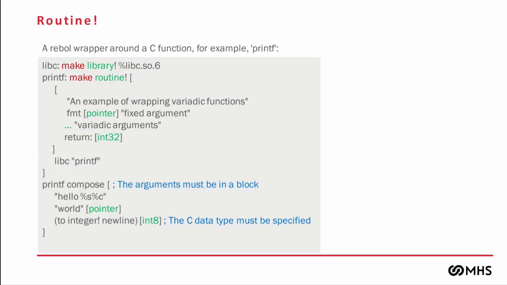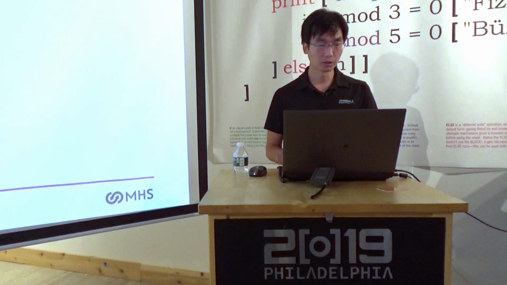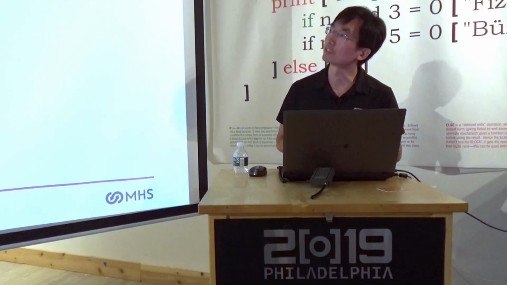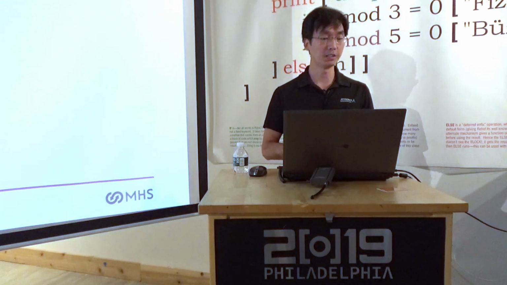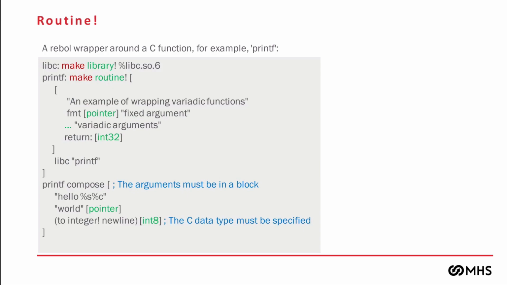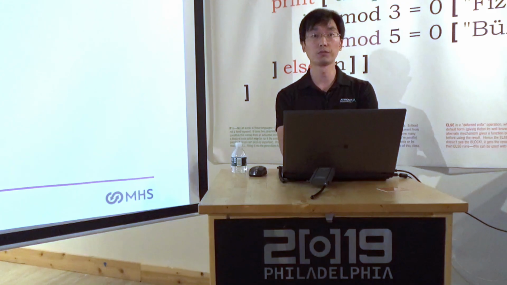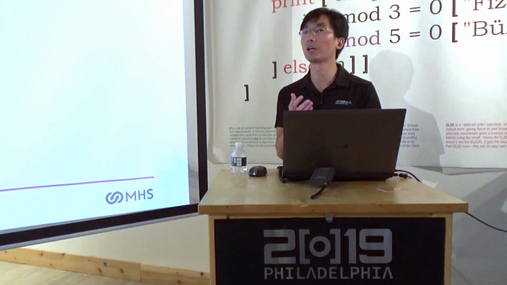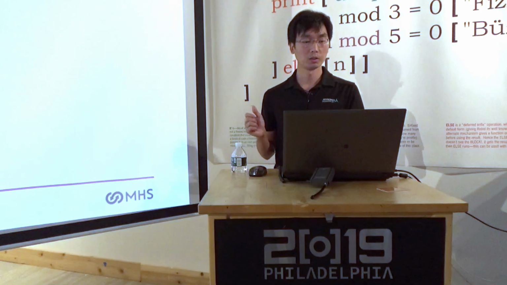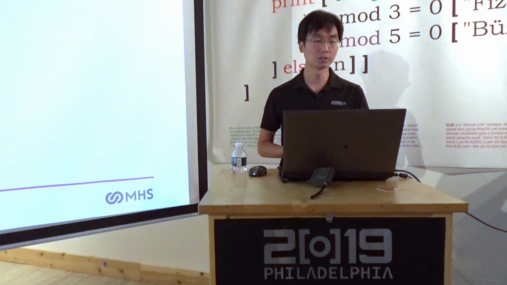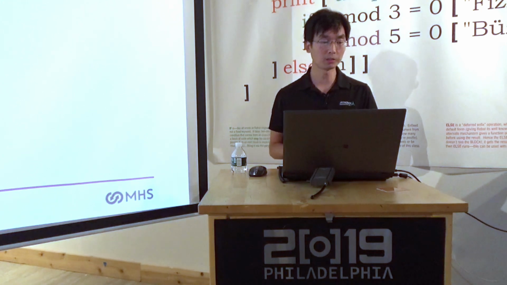Okay, now the routine. So this is the example of wrapping the printf function in C. It looks very similar to the C function spec. So first you can have the inline documentation of the function. Then you can have the argument name and then the data type. Then an optional comment for the argument.